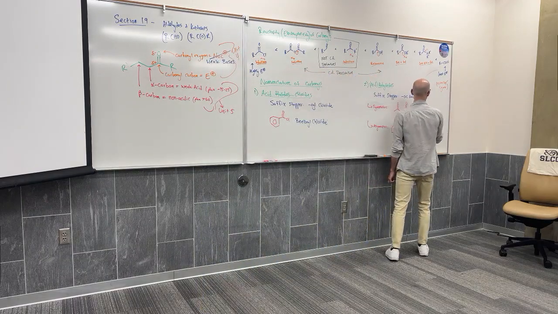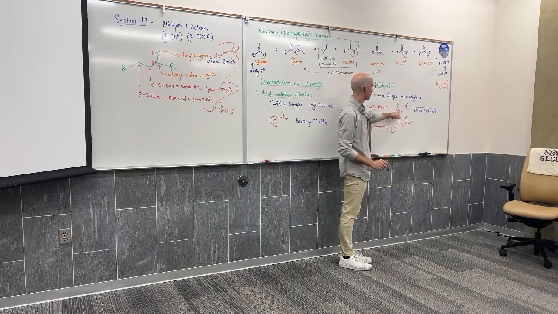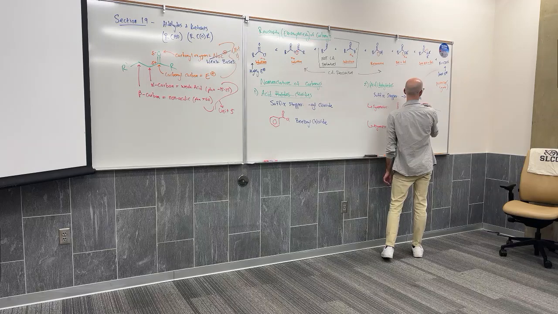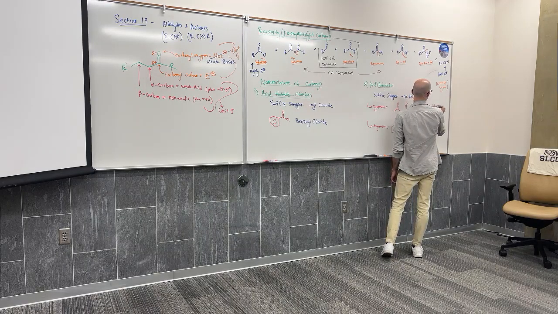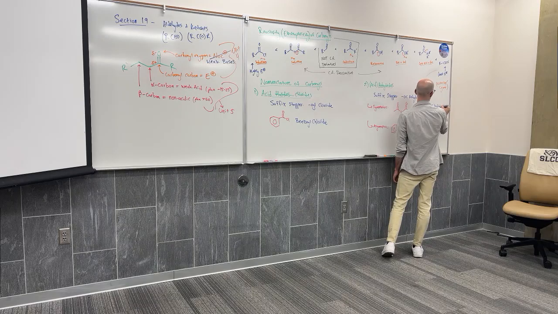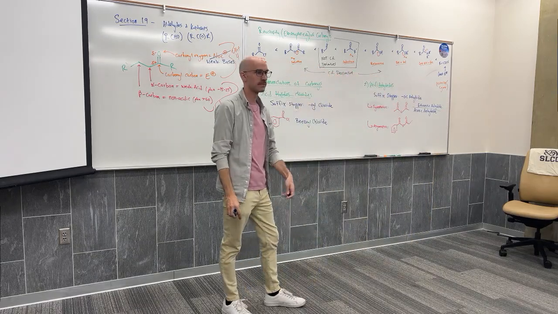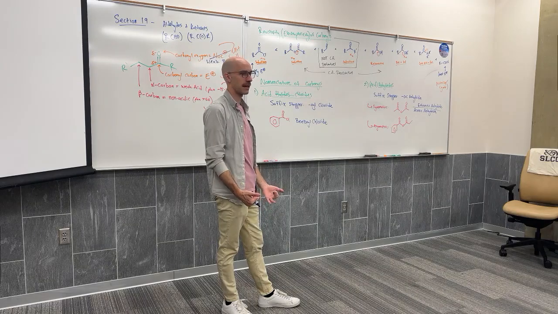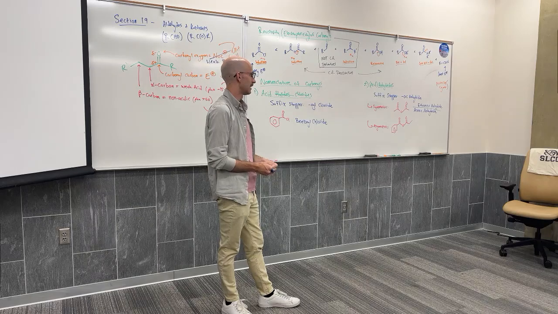The systematic name for acetic anhydride: this is a 2-carbon chain on both sides. That's ethanoic anhydride. I love systematic naming, but not everywhere you look will have systematic naming.